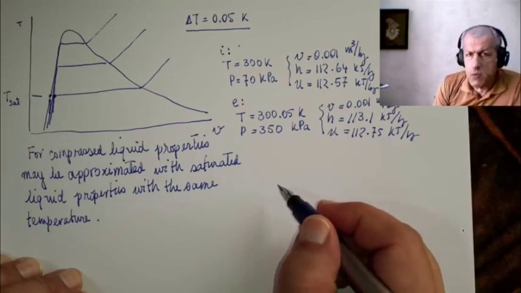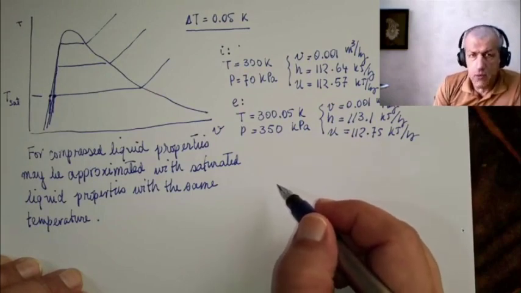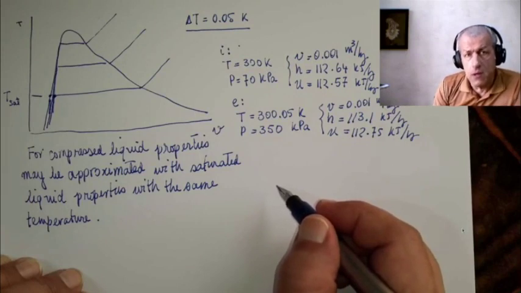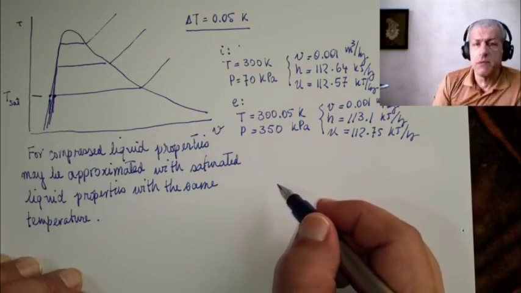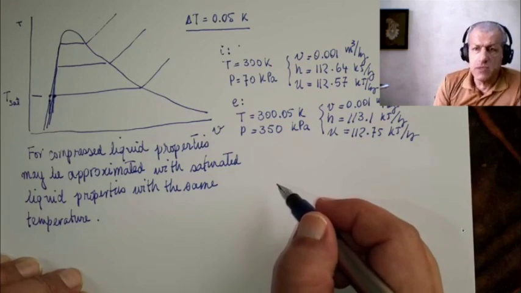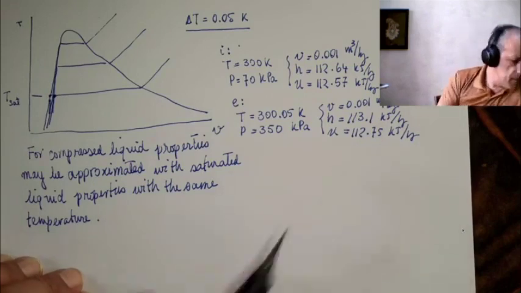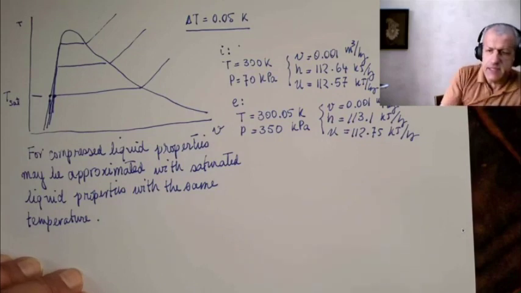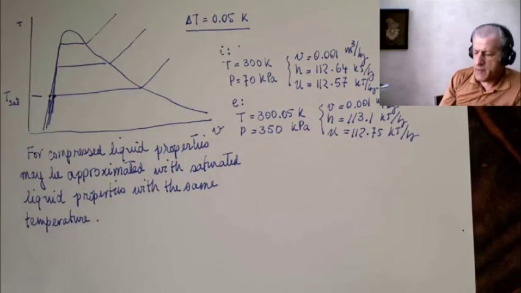So what we do is to write down the conservation laws, mass conservation and energy conservation, and try to simplify them for the problem at hand. This is the problem at hand.